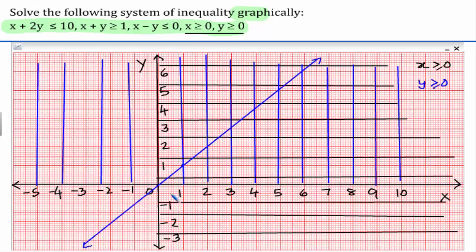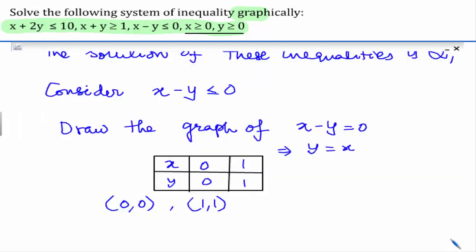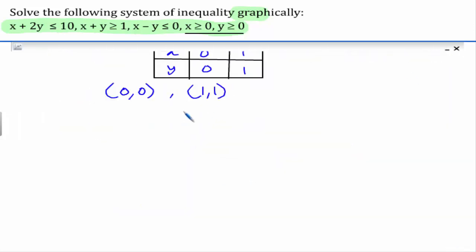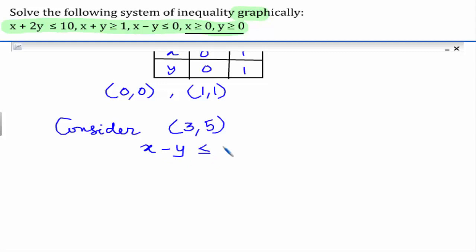Now this line is passing through the origin and dividing the system into two parts. Now as it is passing through the origin, we cannot take the origin. So let us consider any point, let us consider 3, 5, and the given inequality is x minus y less than or equal to 0.